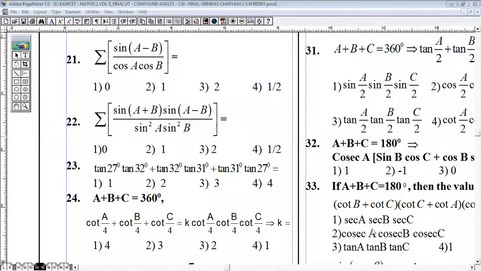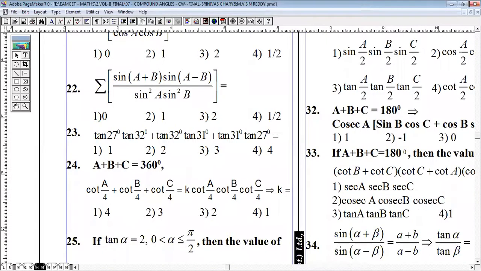Look at the 24th problem. Here it is given that A plus B plus C is equal to 360 degree. Then cot A by 4 plus cot B by 4 plus cot C by 4 is equal to K times cot A by 4, cot B by 4, cot C by 4.